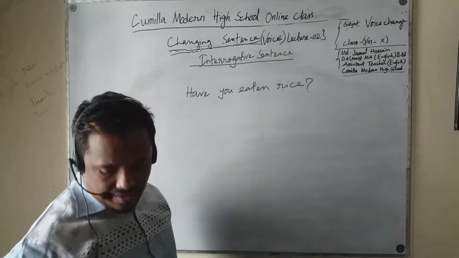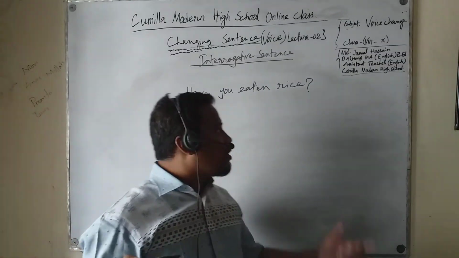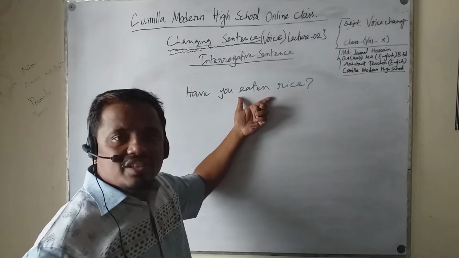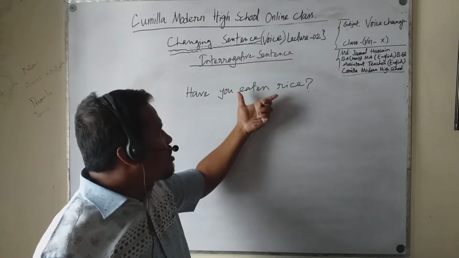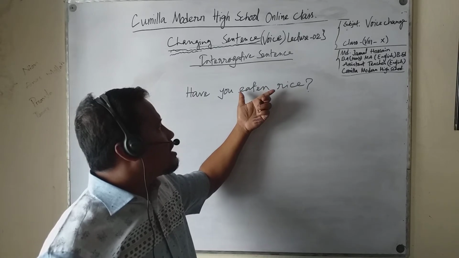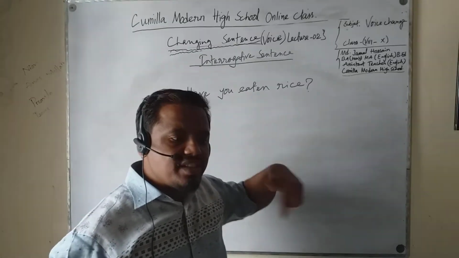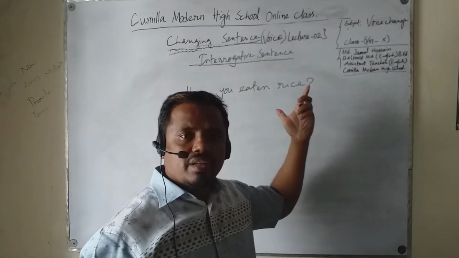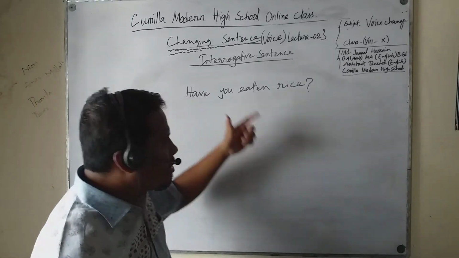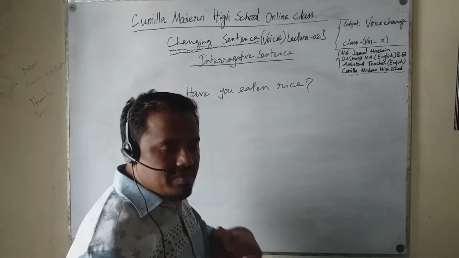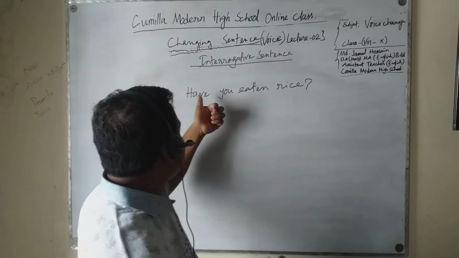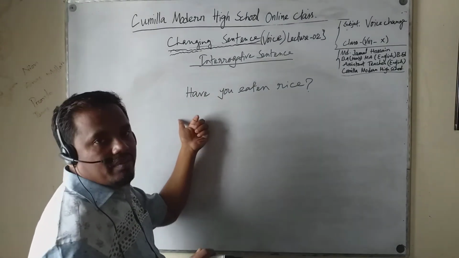In that case, you can transform the sentence directly, or you can change the sentence into assertive, and then change it into passive, and then the be verb of that transformed sentence will be moved to the front. Then you will be able to get the passive voice of the given sentence.